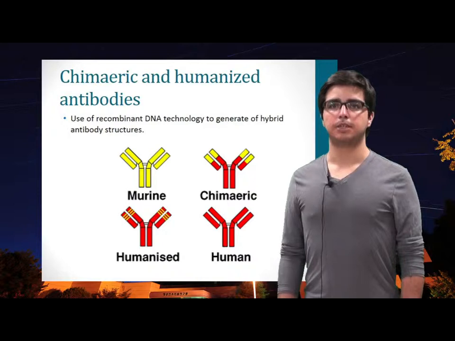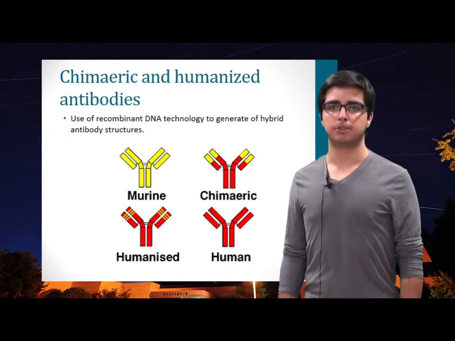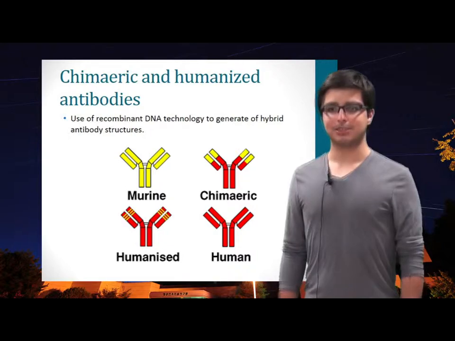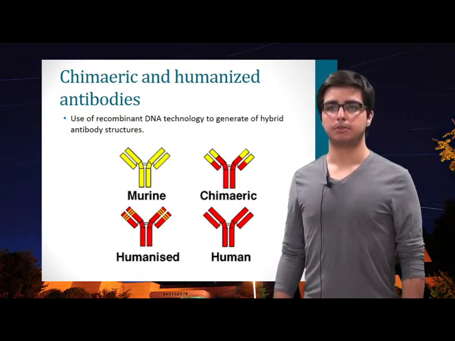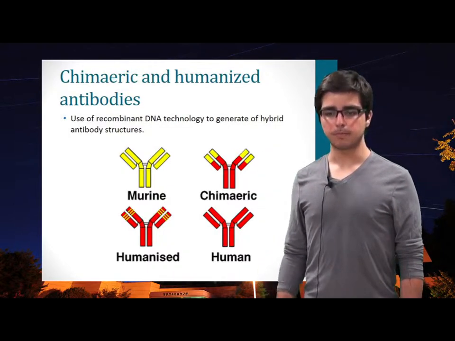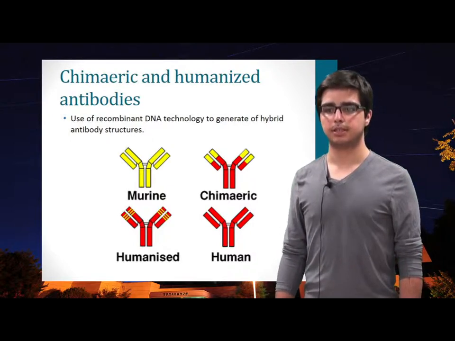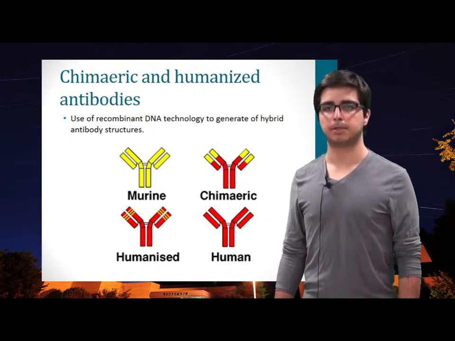Therefore, we can use DNA recombinant technology to generate hybrid antibody structures of murine and human antibodies. This can either be chimeric, which is the fusion of the constant region of the human antibody with the variable region of the murine antibody, which is the one that binds to the antigen, therefore decreasing the immunogenic reactions and also increasing the half-life of the antibody.